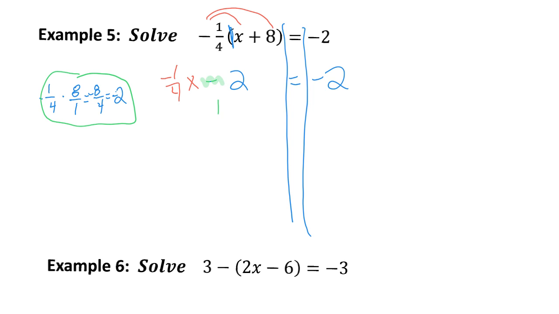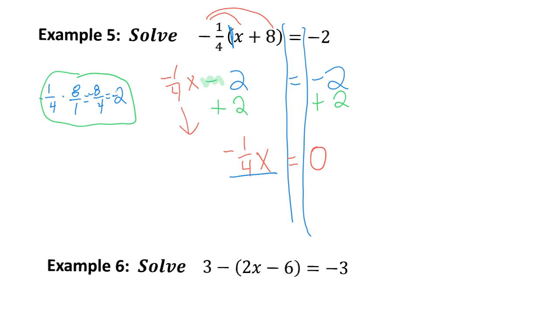Now we have a -2. The opposite of subtraction is addition. So we're going to add 2. I'm going to bring this down. -1/4 x equals -2 plus 2 is going to be 0.